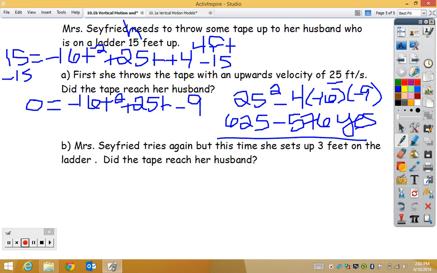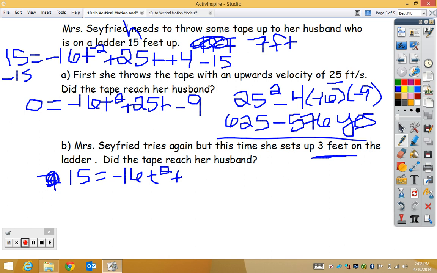I'm going to do this next one even though the first one's yes, and the next one should be yes because I'm actually higher up. Mrs. Seyfried tries again, and this time she's set up 3 feet higher on the ladder. Did the tape reach her husband? So I'm 3 feet higher, so instead of starting at 4 feet, I now start at 7 feet, which I would hope I'd make it. So now 15 equals negative 16t squared plus 25t plus 7.